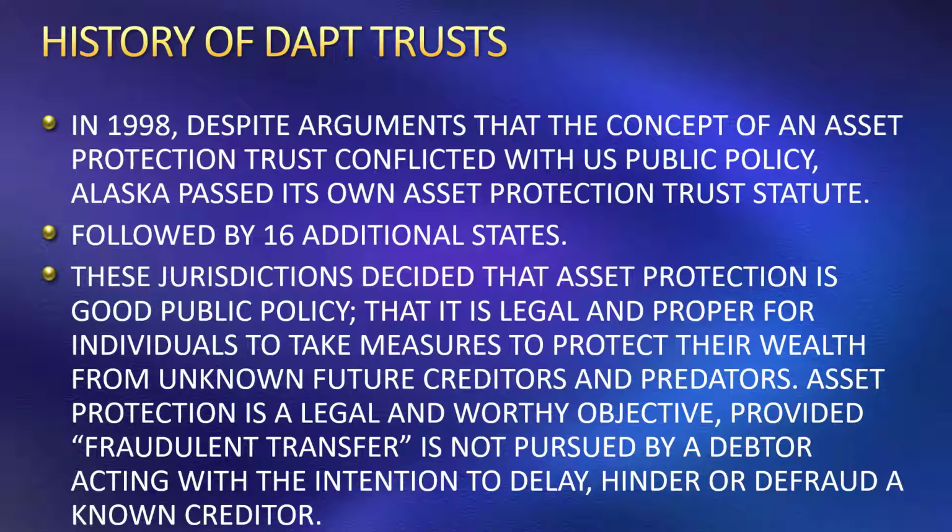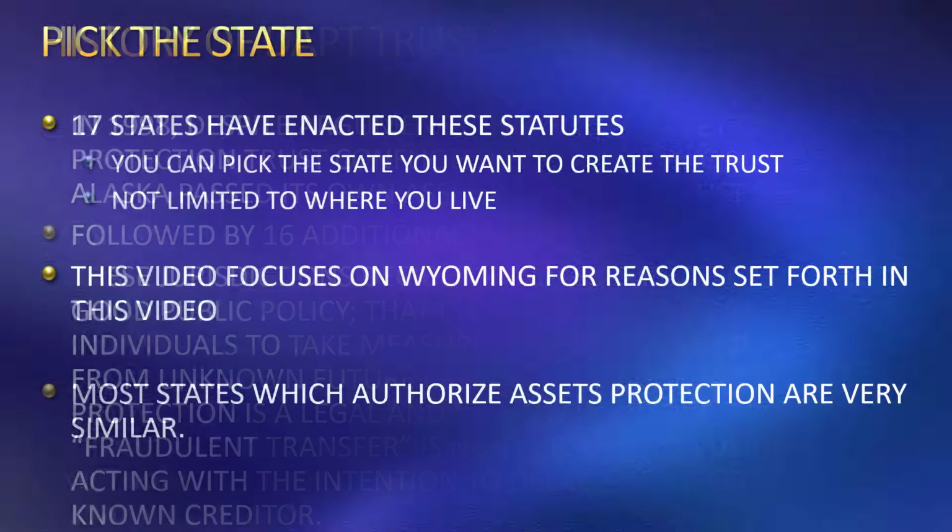These jurisdictions decided that asset protection is good public policy, that it is legal and proper for individuals to take the measures to protect their wealth from unknown future creditors and predators. Asset protection is a legal and worthy objective, providing fraudulent transfer is not pursued by a debtor acting with the intention to delay, hinder, or defraud a known creditor.